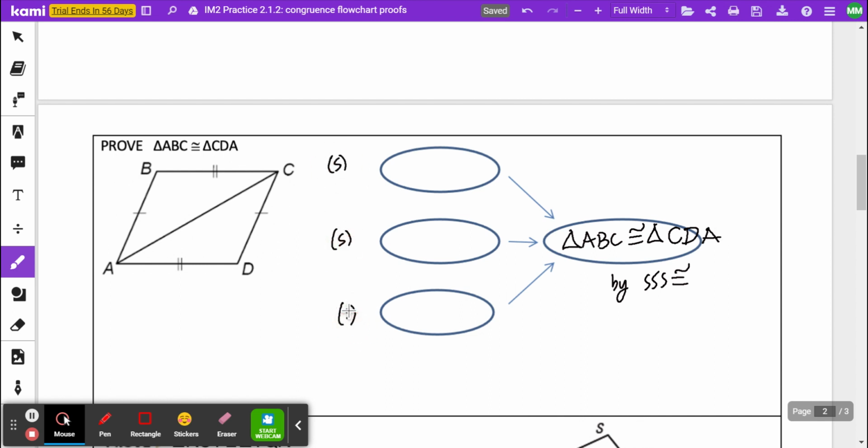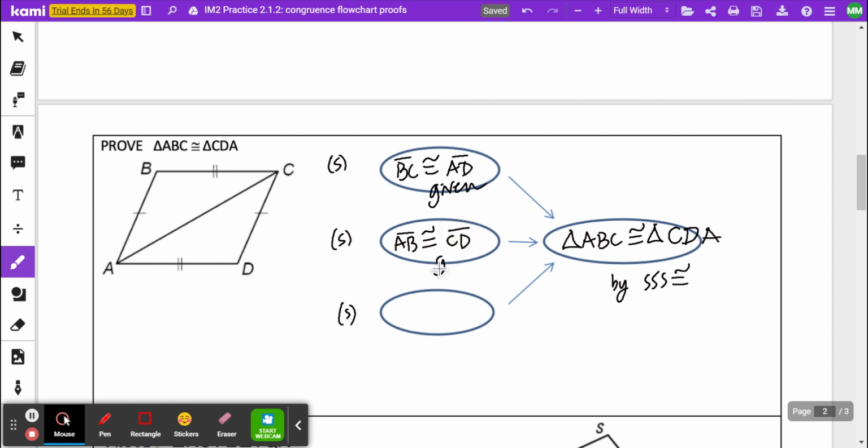Two of the sides are easy because we have tick marks, so they're given. BC is congruent to AD. That's given because they both have double tick marks. AB is congruent to CD.